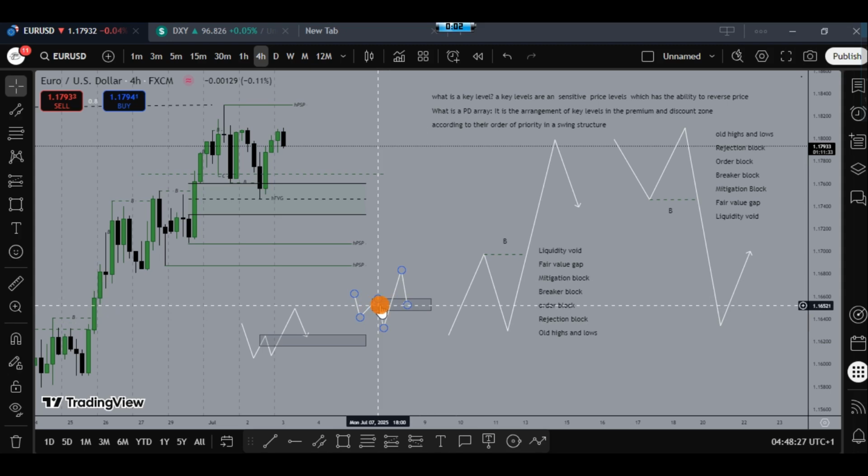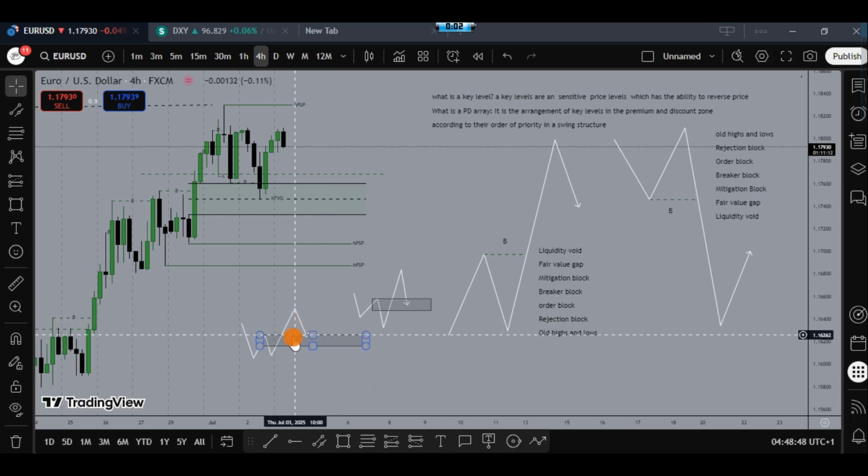So basically this block here is called the breaker block. Then the order block is the last opposite candle; for a buy model, the last sell candle before the buy move. That is called the order block. You may not understand it now, but I will show you on the chart.